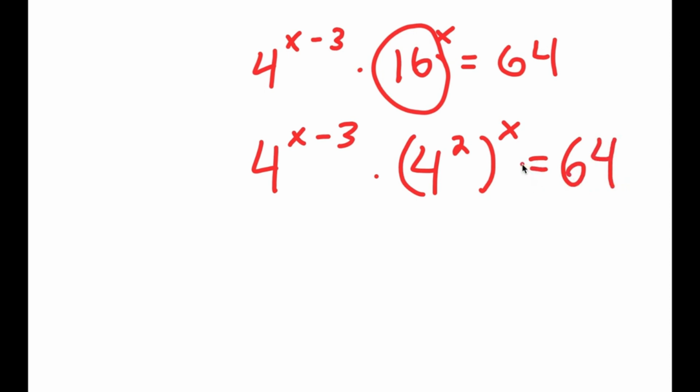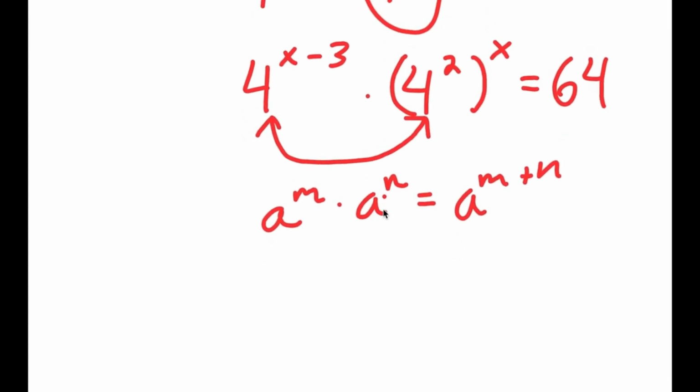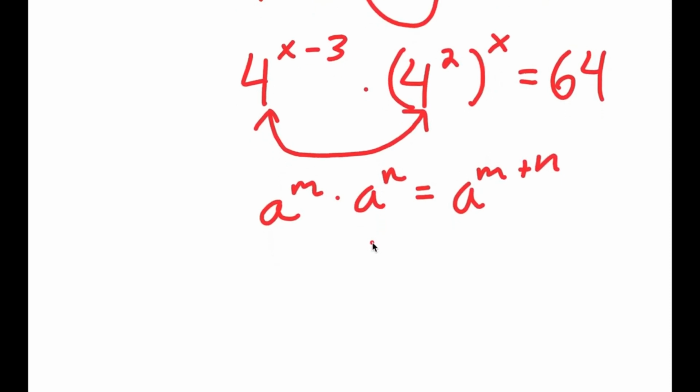And now, because these two have the same bases, if I have something in the form a to the power of m times a to the power of n, this is equal to a to the power of m plus n. And 4 to the power of 2 to the power of x, that's going to equal 4 to the power of 2 times x, or 4 to the power of 2x.